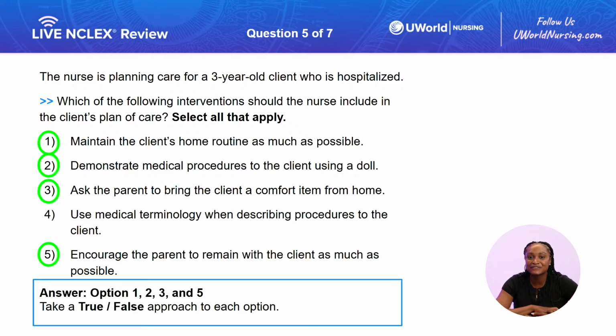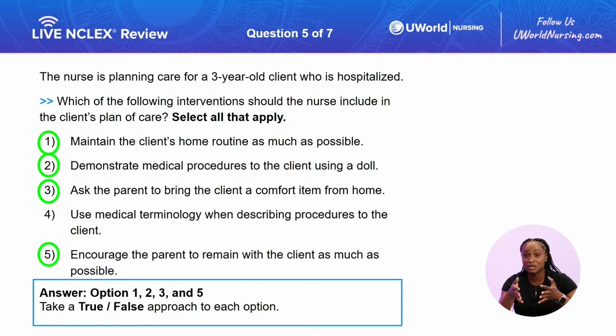Okay, the correct answer for this one is options 1, 2, 3, and 5. So we're planning care for a 3-year-old client and they're in the hospital. The main thing with this one is basic comfort and safety. You want to keep them comfortable, you want to keep them safe, and the easiest way to do that is to try to make their environment what they're used to. So option 1, maintain the client's home routine as much as possible.